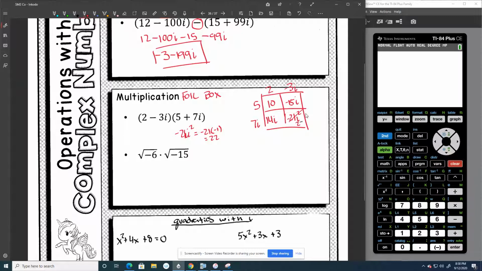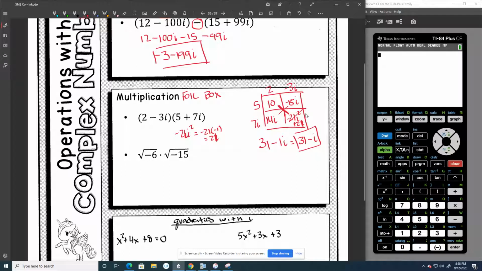So that can change to a positive 21. Wow, Mr. Reed, bad math. The negative times a negative makes it a positive. So I get a positive 21 right here. Now, these two can go together because this is 10 and this is 21. So I get 31. And this 14i and this negative 15i just becomes negative 1i. So my answer is just 31 minus i.